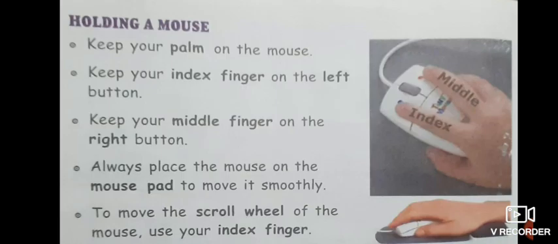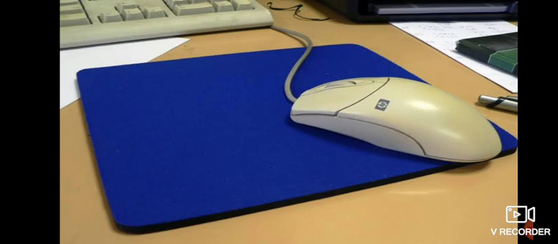Next point is, always place the mouse on the mouse pad to move it smoothly. So you should always place a mouse pad like this blue one. Can you see this blue pad? That is a mouse pad. Keep your mouse over this so that it works smoothly.